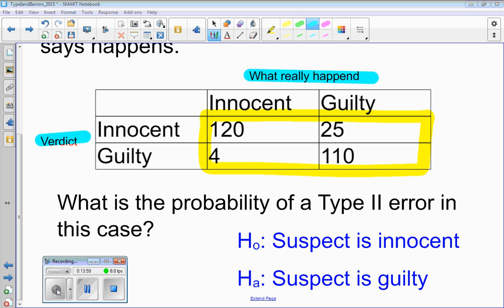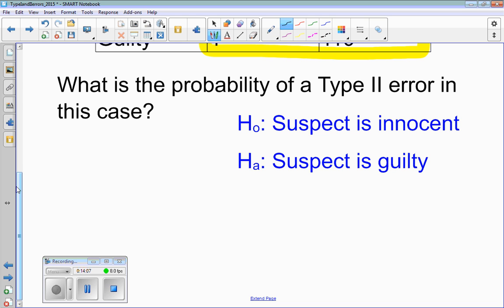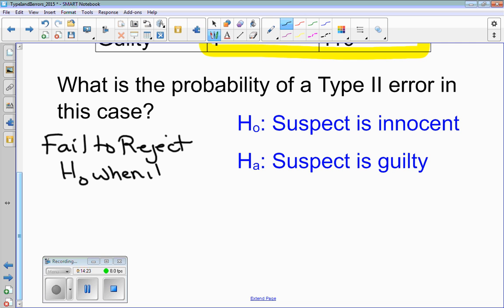So we have to remember the wording of what a type 2 error is. Okay? So a type 2 error, and I even wrote it on my little notes over here for myself, is when I fail to reject a null hypothesis when it's actually false. Okay?